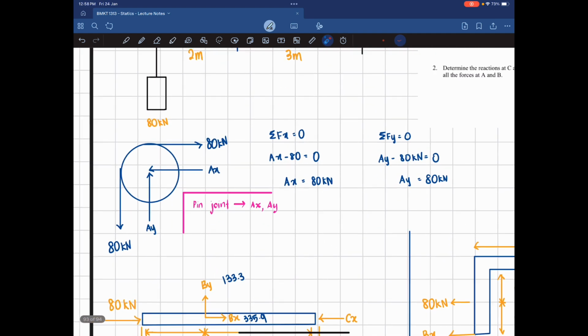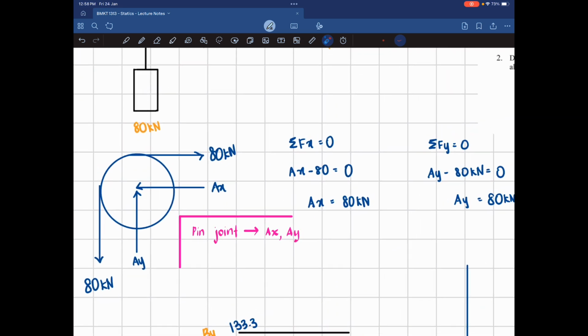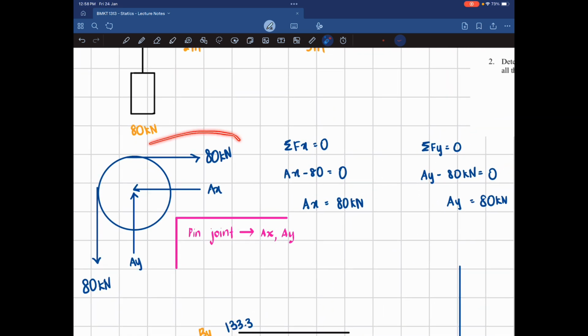The first step in the solution is to resolve the pulley in the diagram that's provided. The pulley is also known as a pin joint. Therefore, we've resolved it into Ay and Ax.